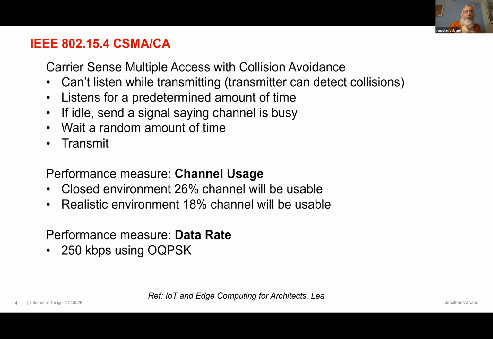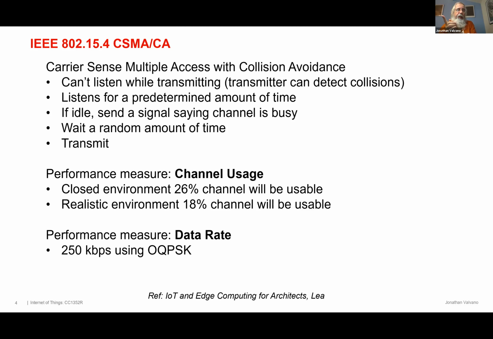And if that random amount, so if two devices are trying to speak on the same channel at the same time, okay, they will both listen, right? And notice there's nothing there, but since they will wait a different amount of time, and the sending of a channel busy keeps somebody from jumping in, but the waiting the random amount of time means that the two devices will probably both work.